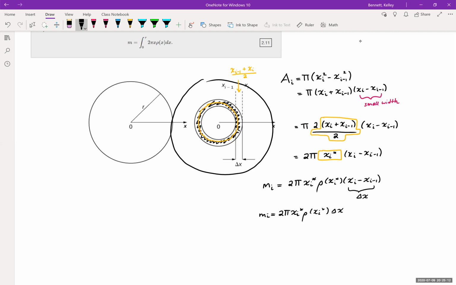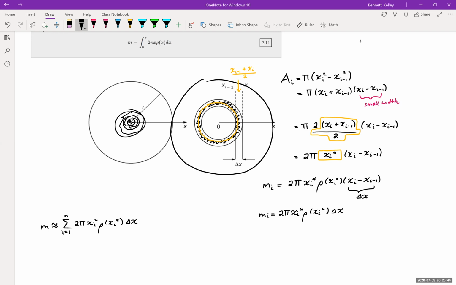And so now all we have to do is add up all the rings. I'm going to do the mass of this ring, then the mass of this ring, then the mass of this ring, and so on until I've added all of them up. So the total mass is approximated by a partition, which is a Riemann sum from i equals 1 to n of 2 pi x sub i star rho of x sub i star times delta x.